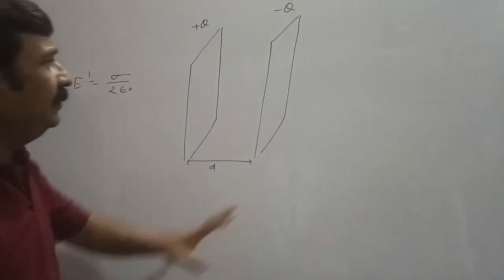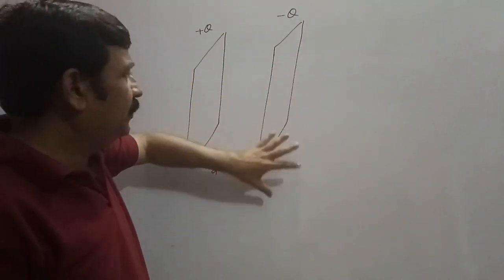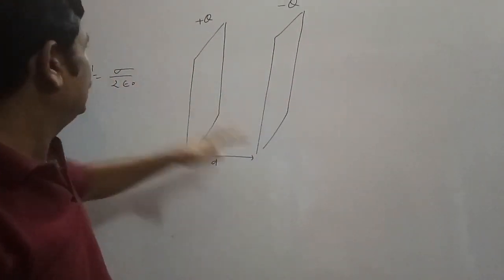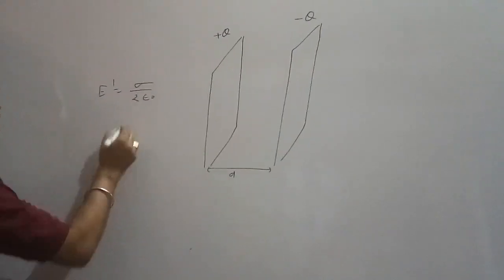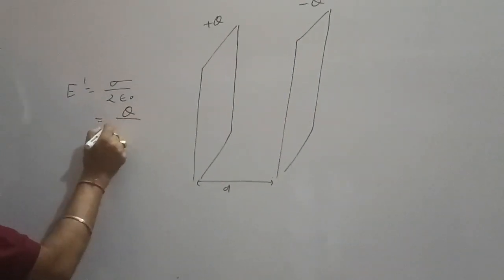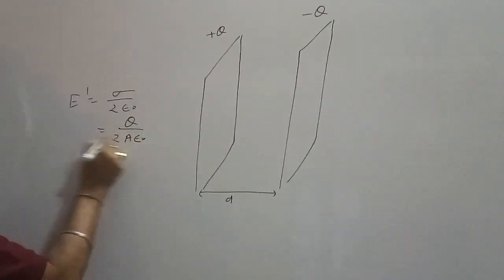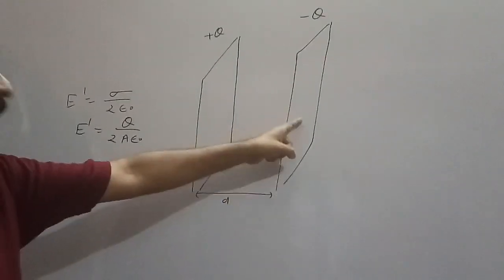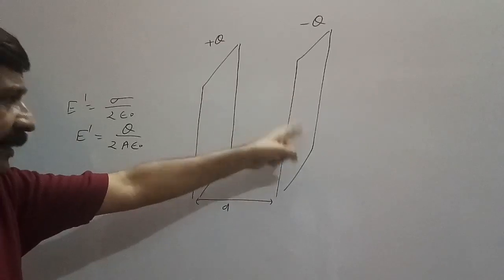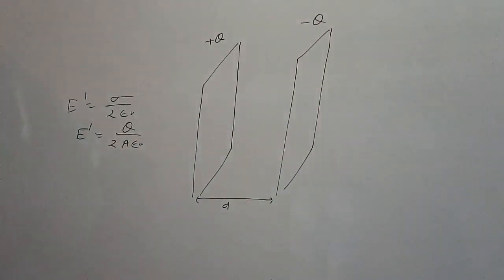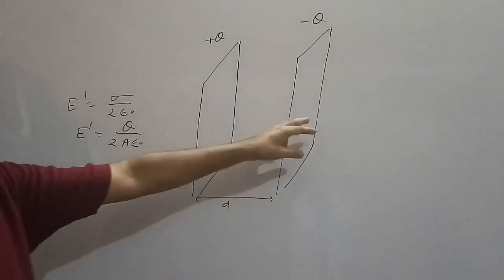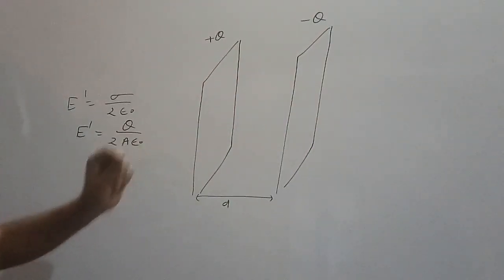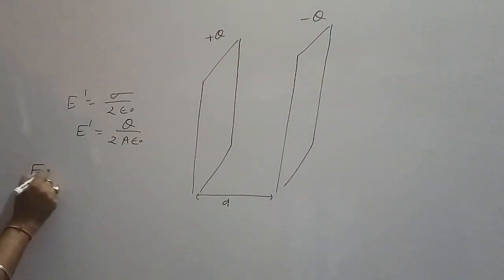So if for the time being we assume that this plate is not present, then this plate will develop this much intensity everywhere. The value of sigma will be Q upon A. Now we can say that at the place where this plate is kept, this is the intensity. Whenever any charged body is kept at a place where intensity is present, that charged body experiences force.